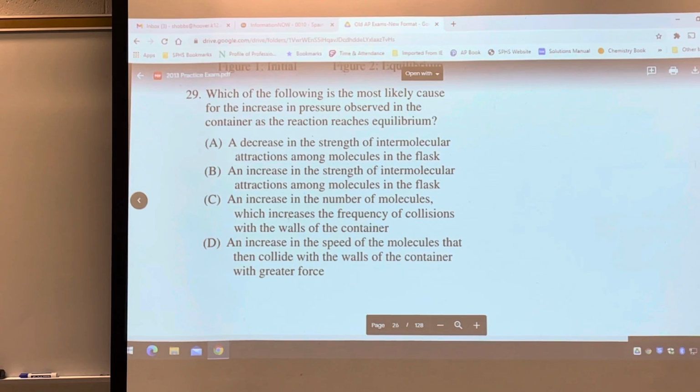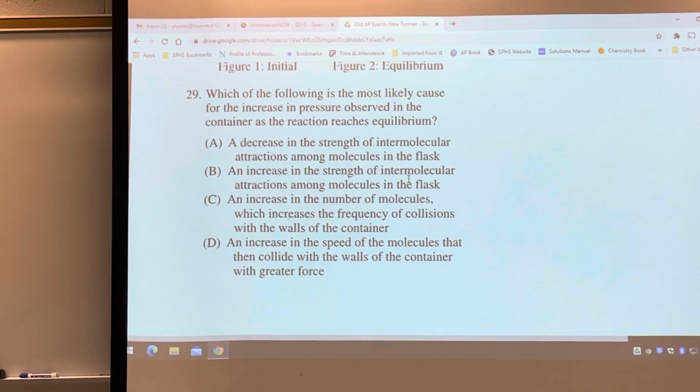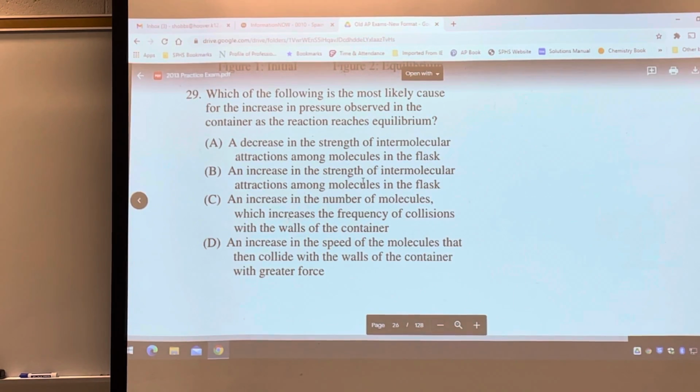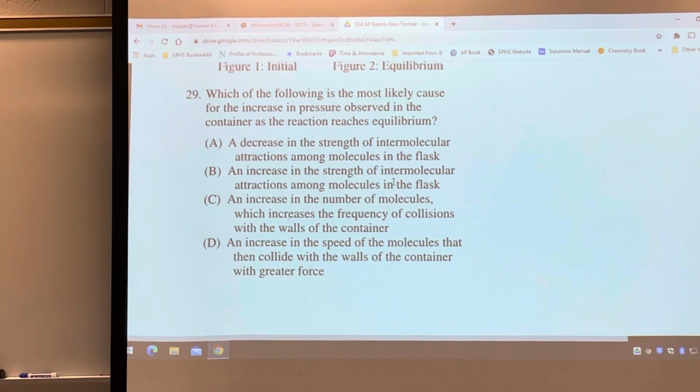Do attractive forces have anything to do with pressure? What is true about an ideal gas and attractive forces? It has none. So A and B really are moot because we say gases have no attractive forces, as long as they're at low pressure. So which one, C or D?